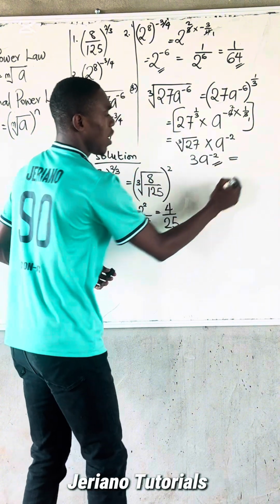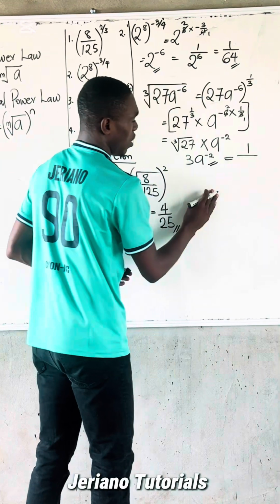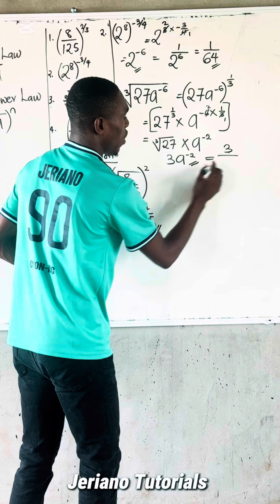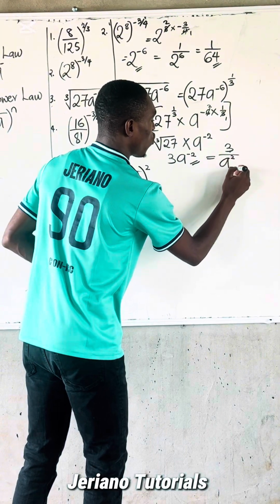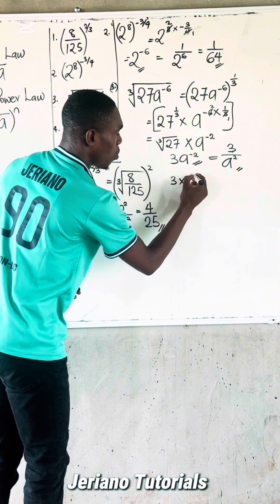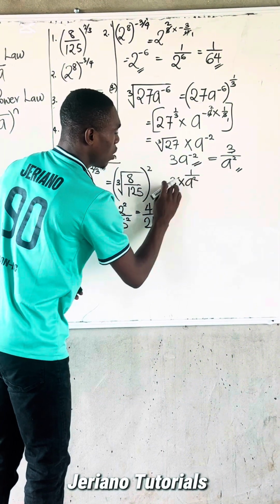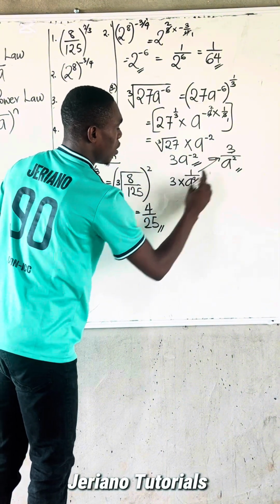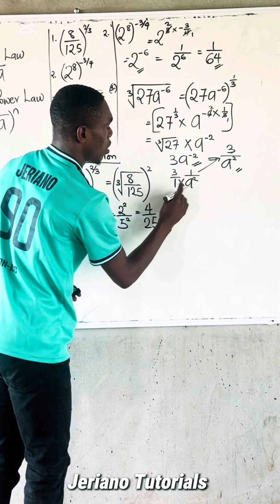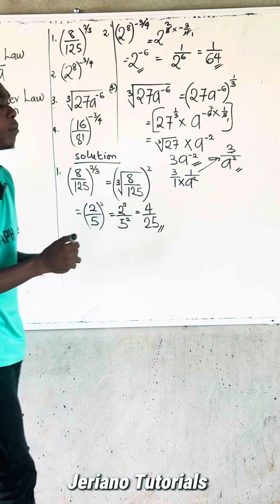I can still go down and say this will be 3 over a raised to the power of 2. Negative power law: 3 times, this becomes 1 over a squared. 3 times 1 is 3, and then a squared times 1 will give me my a squared.